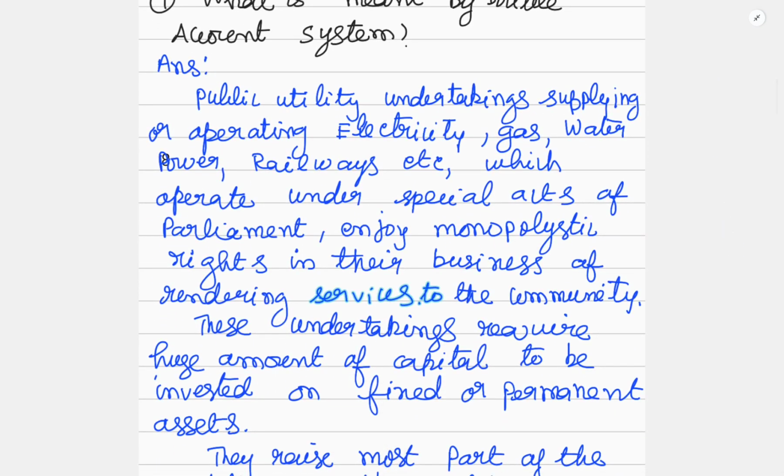Answer. Public utility undertakings supplying or operating electricity, gas, water, power, railways, etc., which operate under special acts of Parliament, enjoy monopolistic rights in their business of rendering services to the community. These undertakings require huge amount of capital to be invested on fixed or permanent assets.